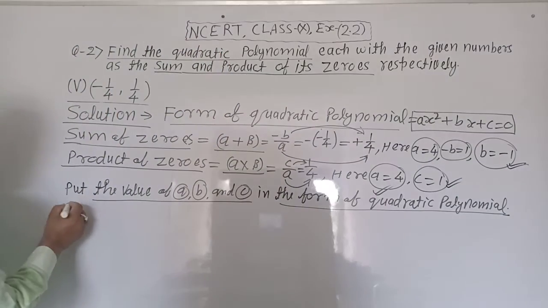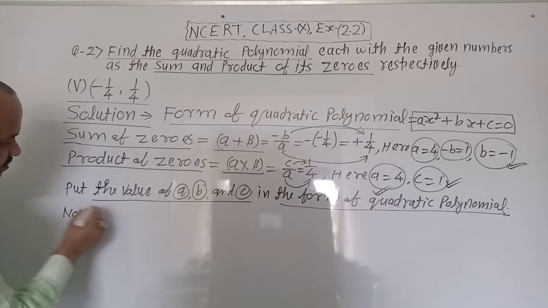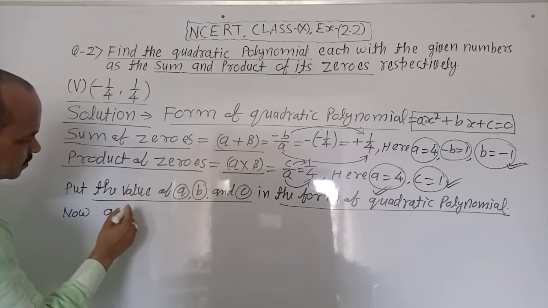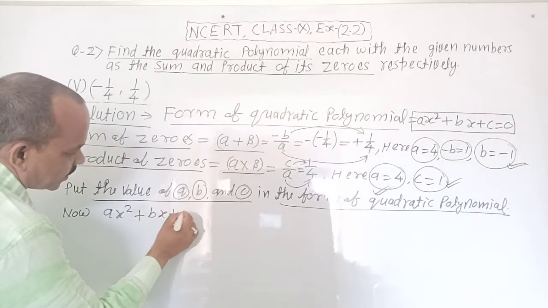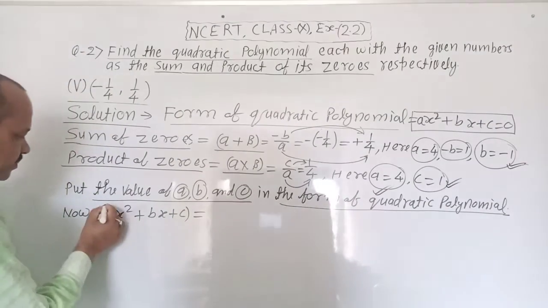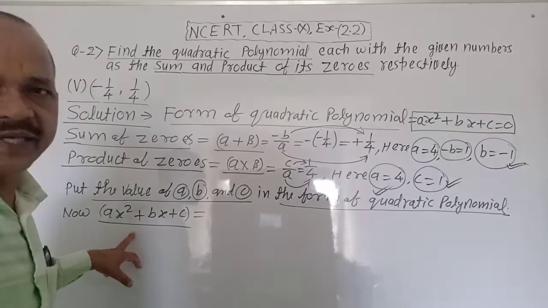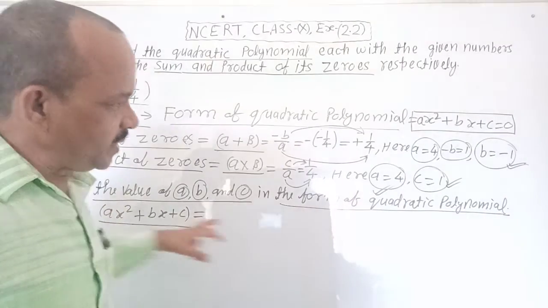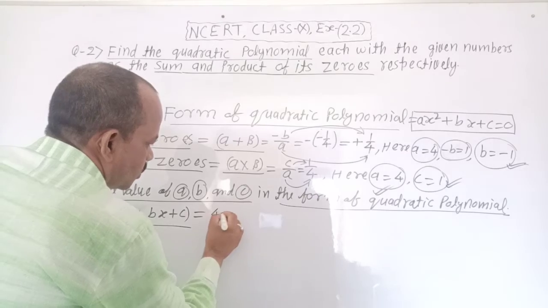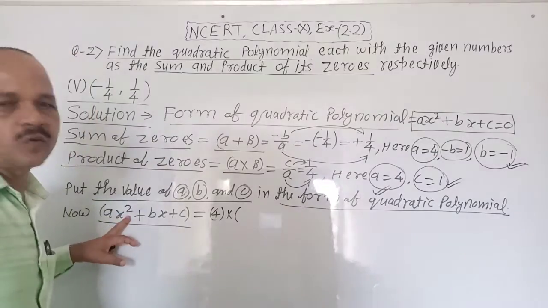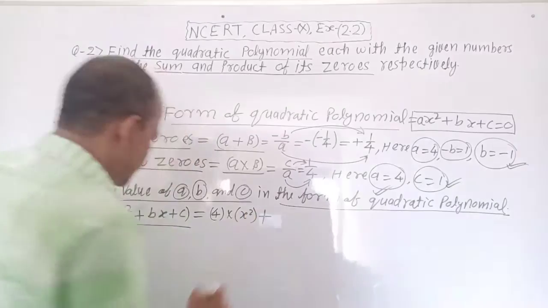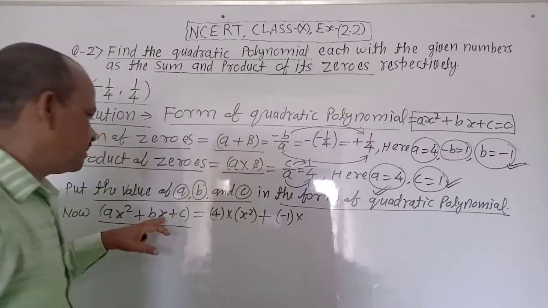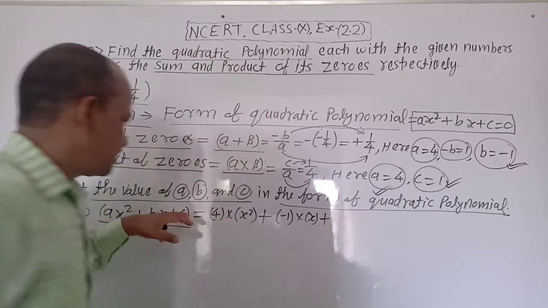Clear? Now ax square plus bx plus c equal to, here a means 4 multiply x square plus bx, b means minus 1 multiply x plus c.